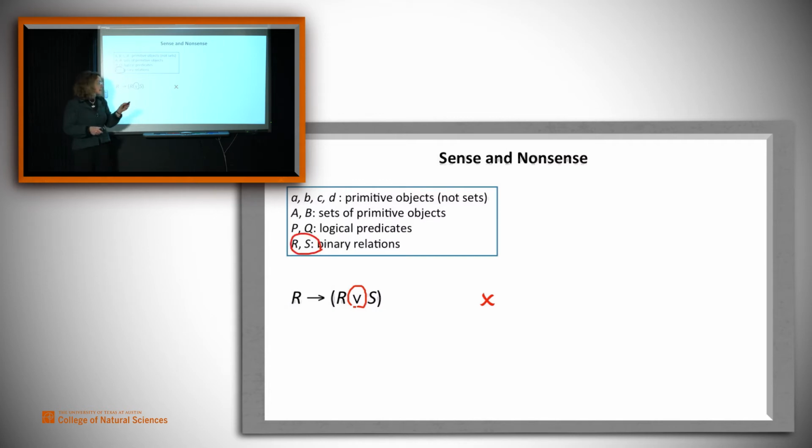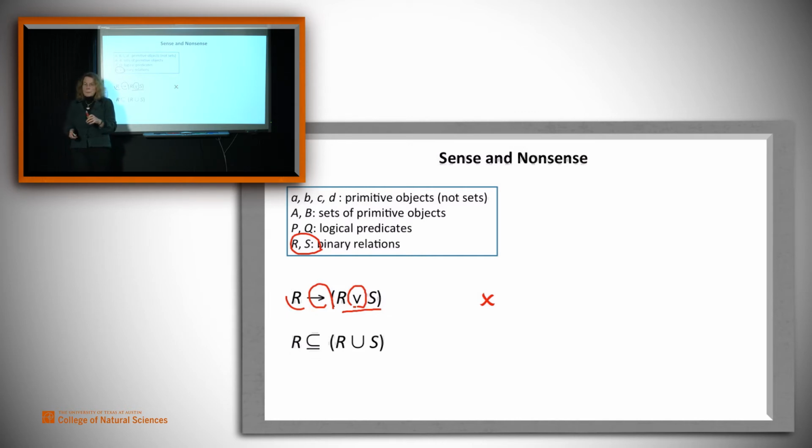And that bites us here because we have implies also a logical operator, and oops, we have a relation here. What might someone be trying to say when they wrote this nonsense? Well, maybe what they're trying to say is that if an element is in R, then it must also be in R or S. Let's write that the way it makes sense.